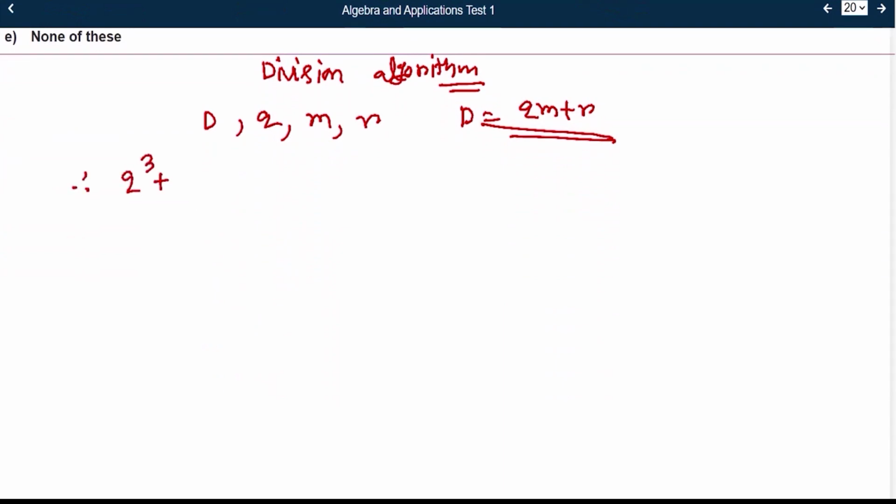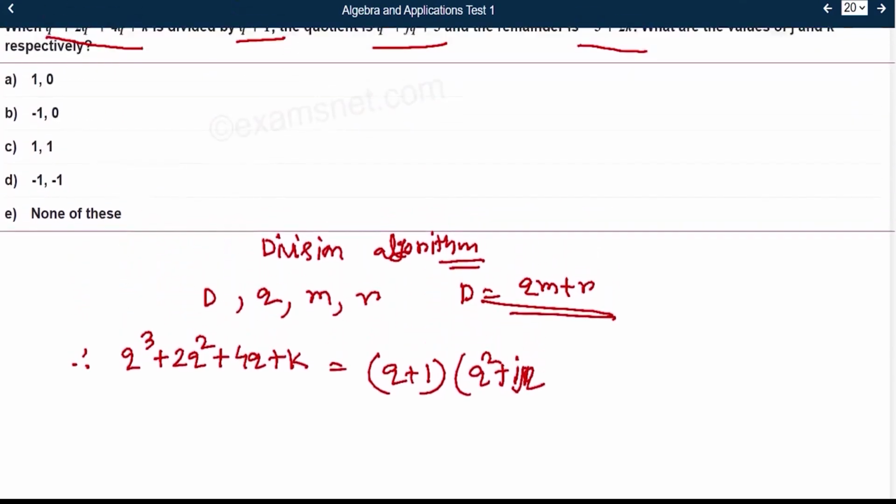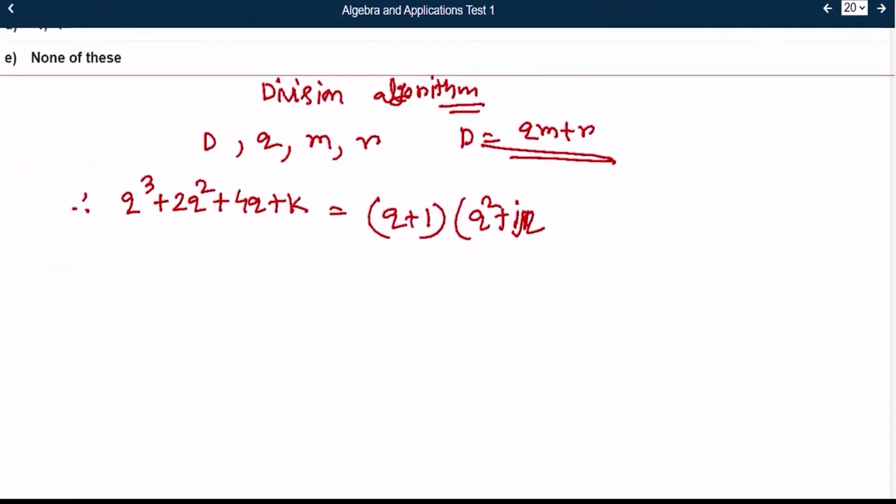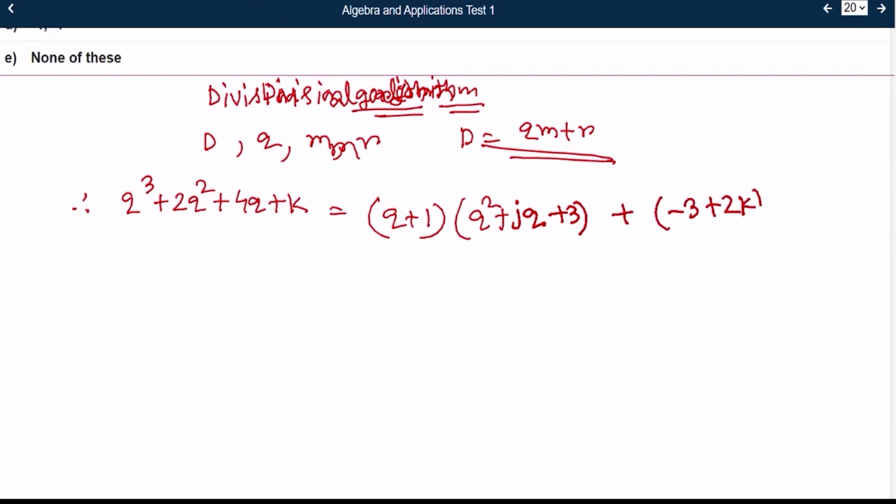Q cube plus 2q square plus 4q plus k equals the product of the divisor and the quotient, (q plus 1) times (q square plus jq plus 3), plus the remainder, minus 3 plus 2k.